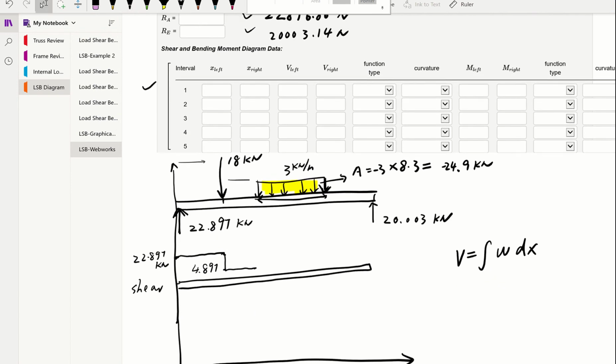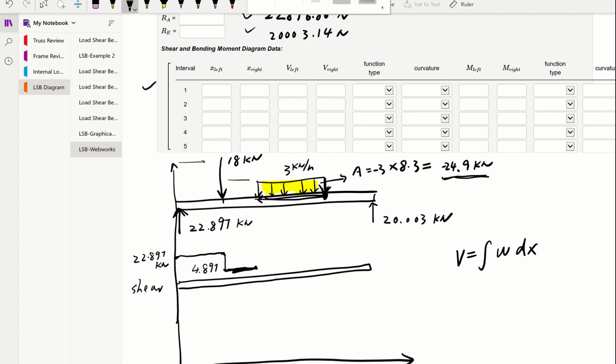So we're going to translate this number into our shear. How do we translate? We start at 4.897, right? This horizontal line. We're going to integrate a negative number until we reach this point right here, where we go minus 24.9.